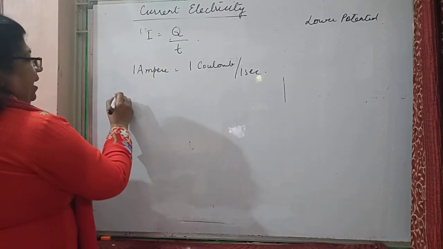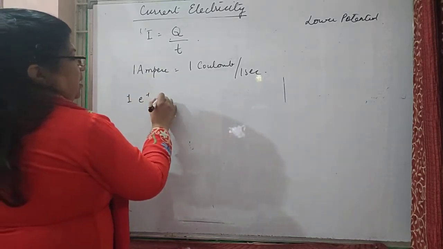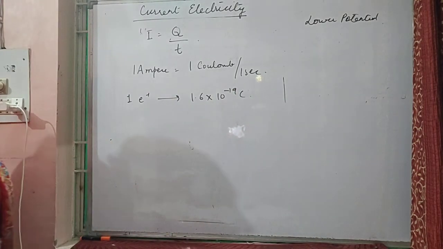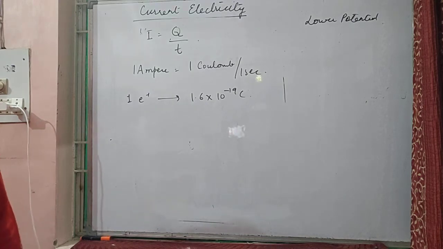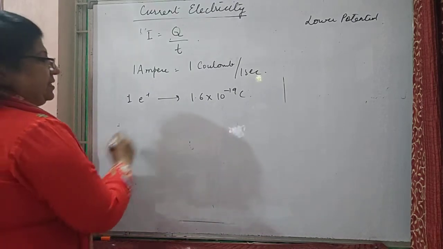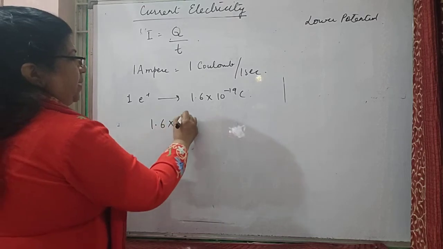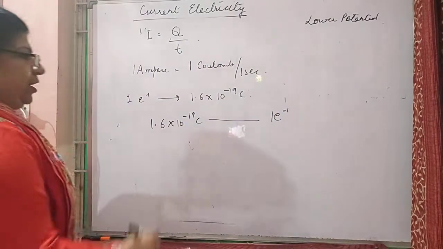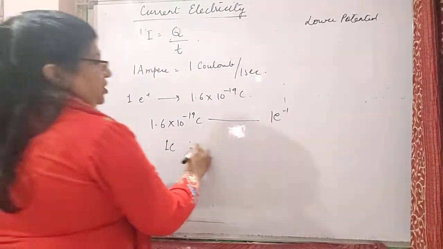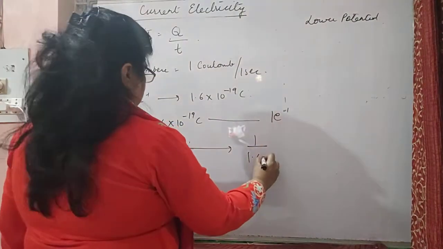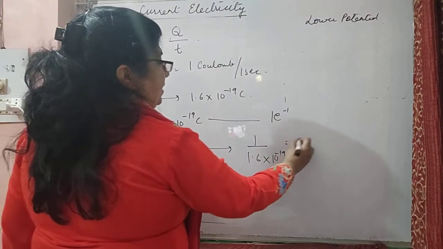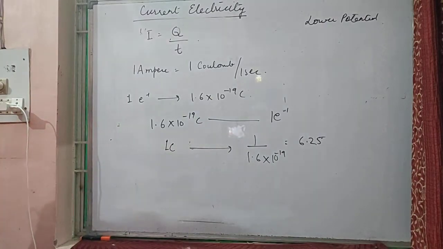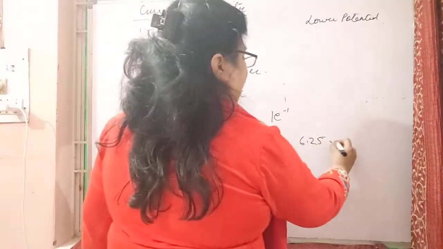Now, one electron has a charge of 1.6 × 10^-19 coulomb. This we have done in class 9th also. So 1.6 × 10^-19 coulomb is the charge of 1 electron. So 1 coulomb of charge will be 1 upon 1.6 × 10^-19, that is 6.25 × 10^18 electrons.